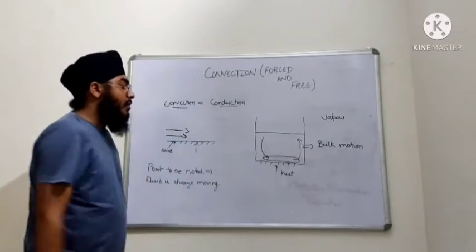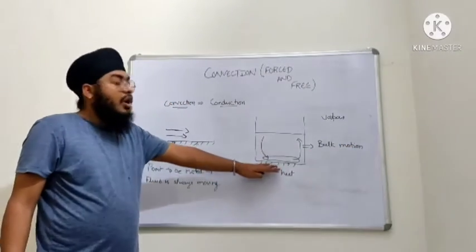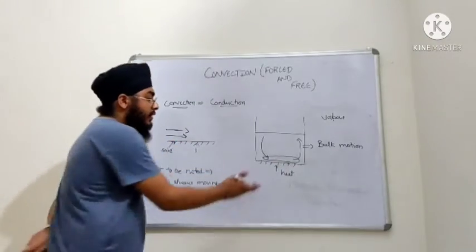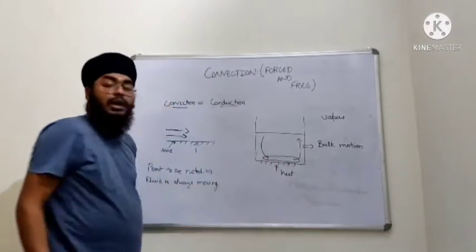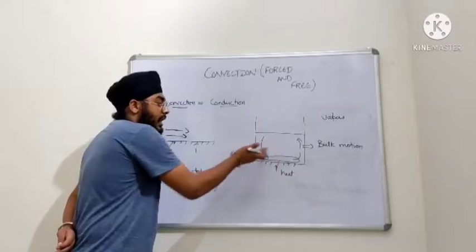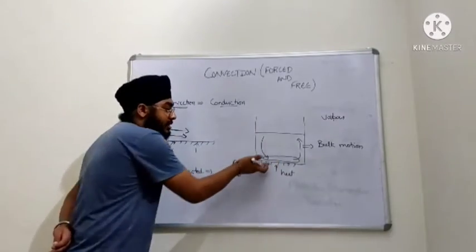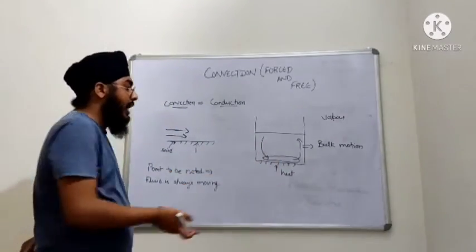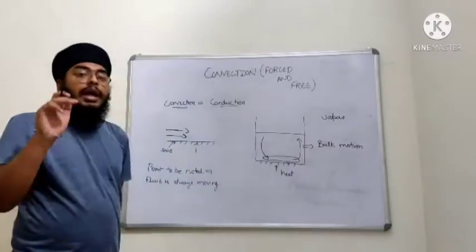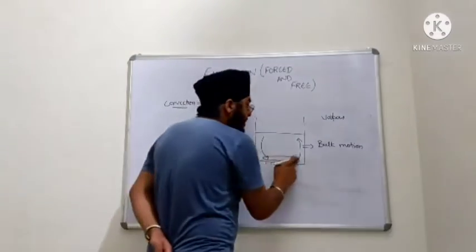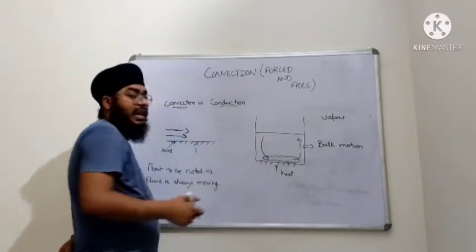A large number of particles are moving because of the energy transfer. This heat which we are giving to this solid plate, and this solid plate is transferring that heat to the liquid film, there is a bulk motion of these particles which are getting energy.